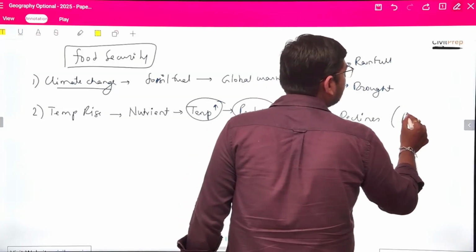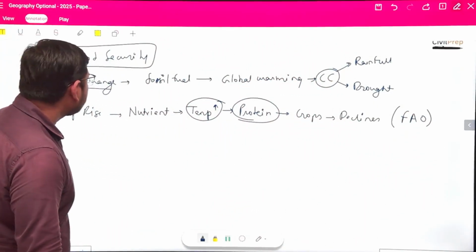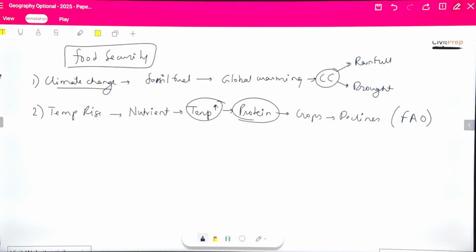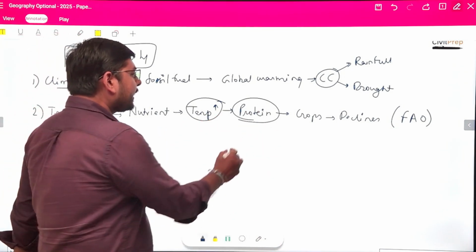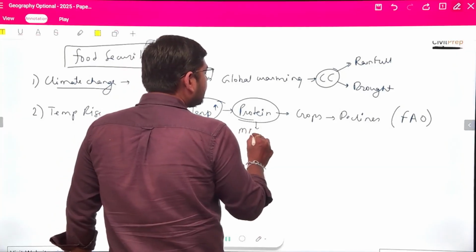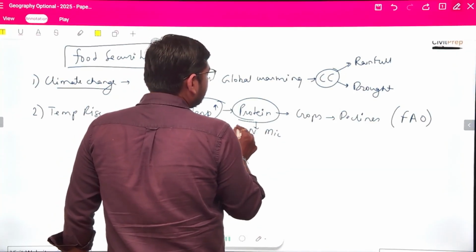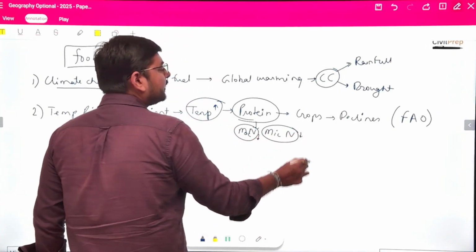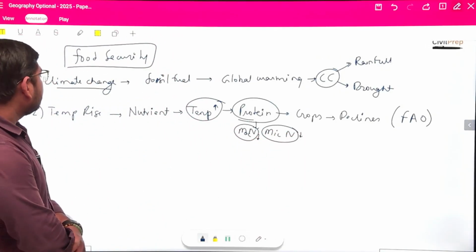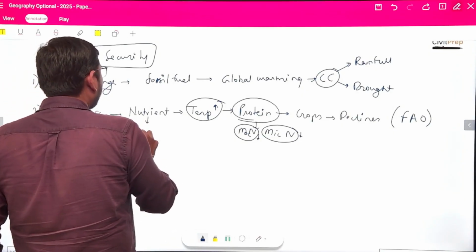This report has been given by the Food and Agricultural Organization, along with the UNEP, that with rising temperature, the protein declines, and the other macronutrients and micronutrients also decline with the rising temperature, and this is actually impacting nutrient security.